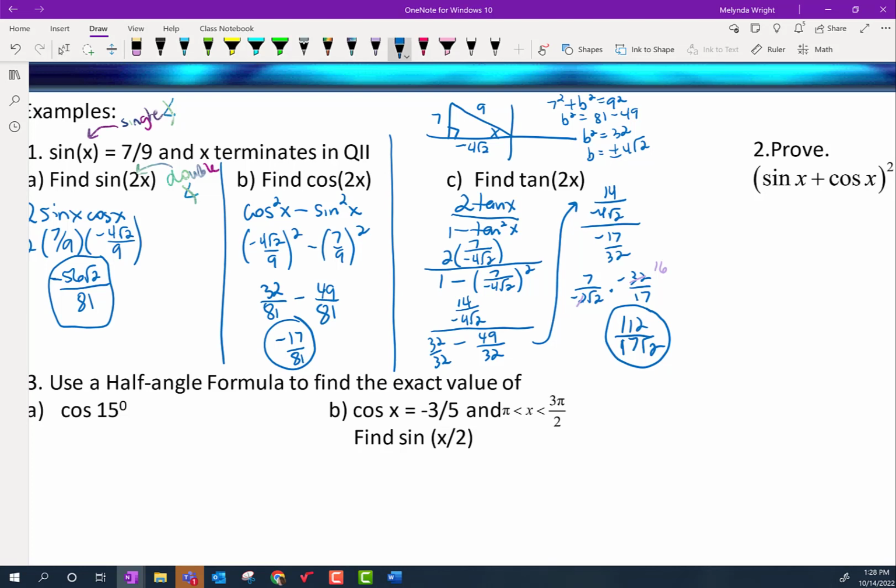If you rationalize, the answer would be 56 root 2 over 17. You could do one or the other. One is rationalized and one is not. Okay. So how are we with our double angles? Everybody okay? Yes? Okay. So now let's look and see how we might see those in a proof.